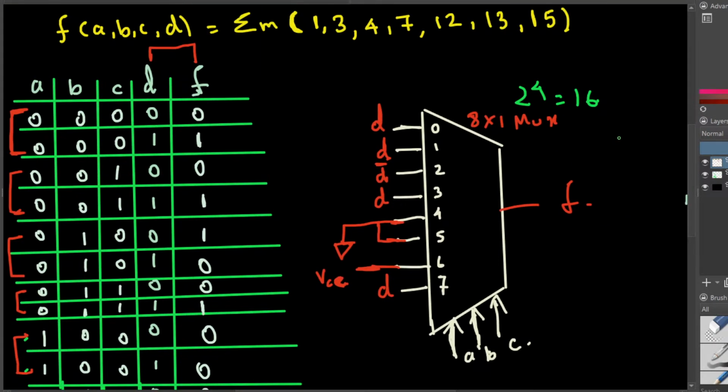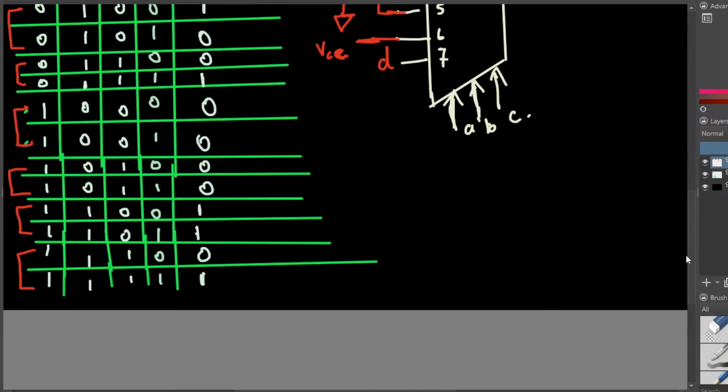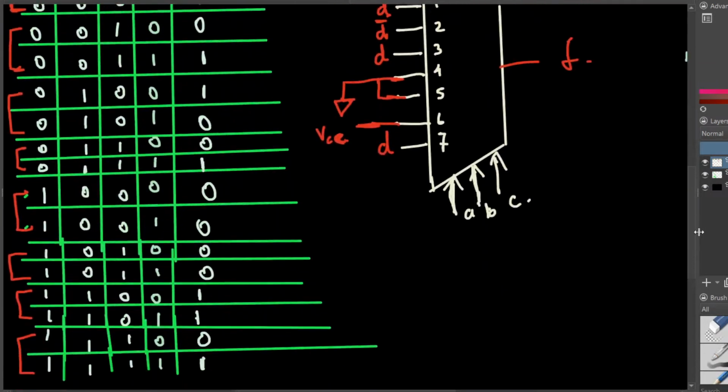That's it. And now let's see how we can design a 4x1 mux. For that one also we are going to need the truth table, so let's do this one here as well. For a 4x1 mux, we are going to have two control signals.